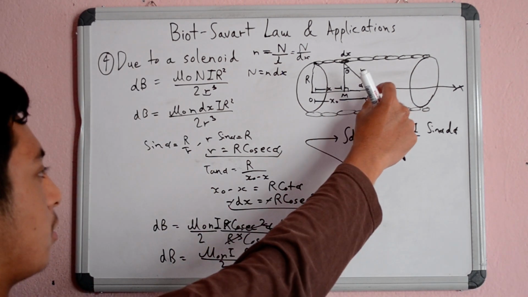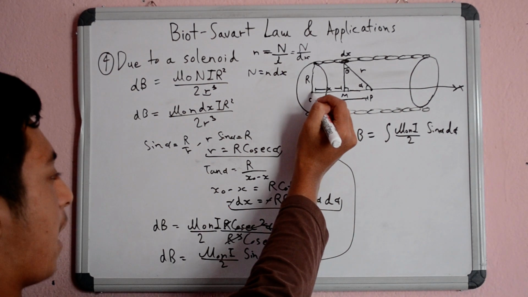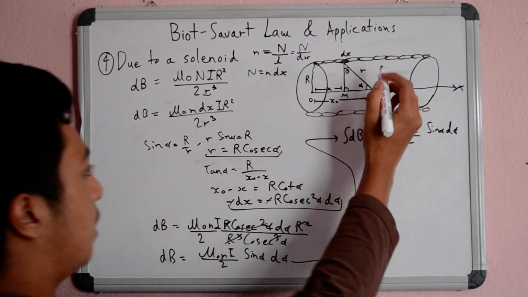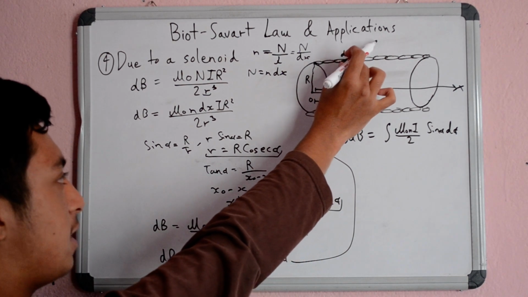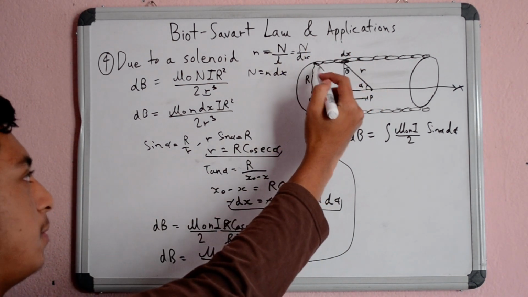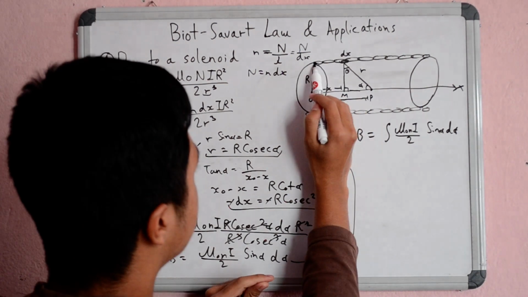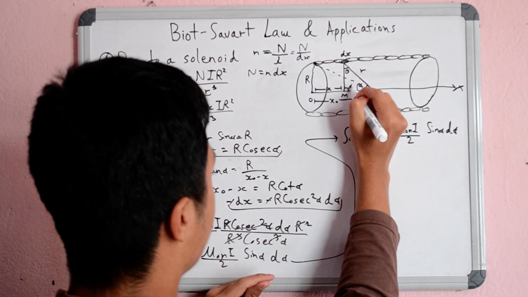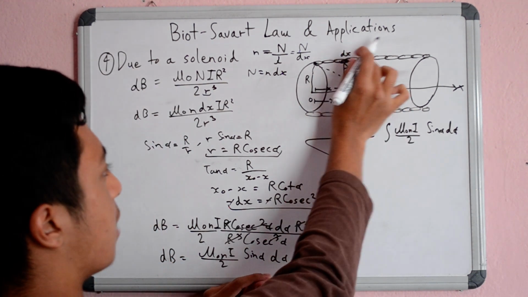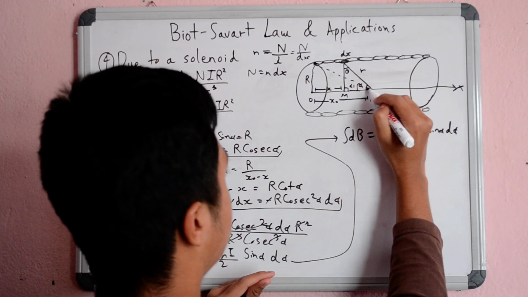So the least point we can take is over here, where we have to take the angle alpha from dx, and the dx least position would be at the circumference right here. So this is our alpha 1, and the max position it can be is at the other end.